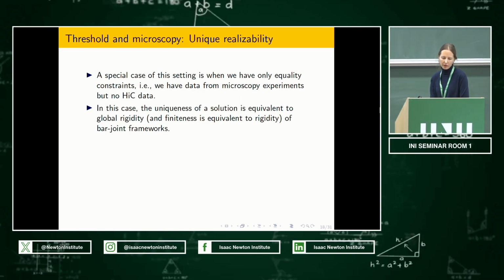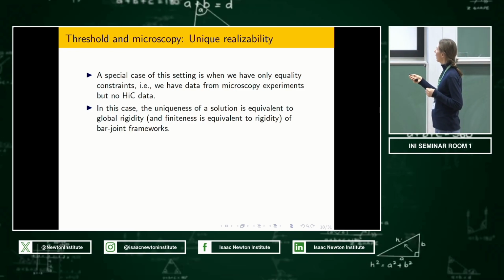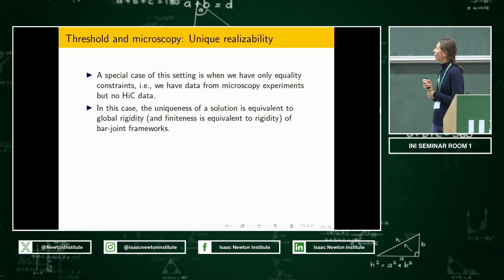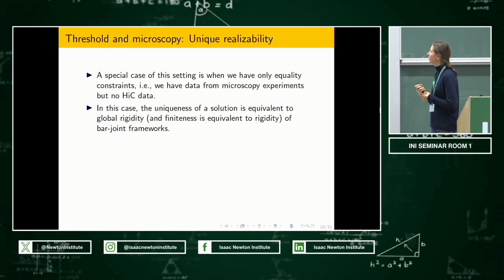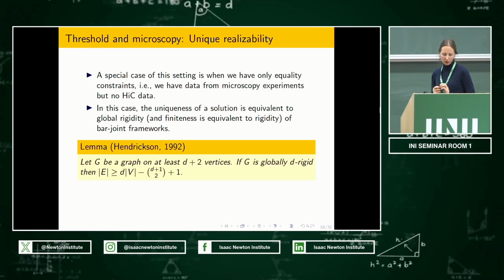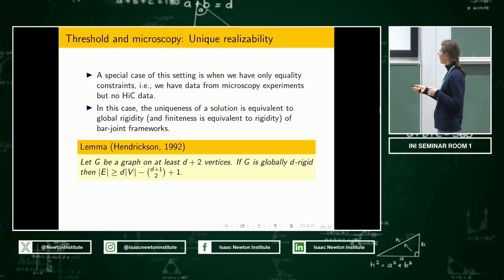Right, so this I already said, special cases when we have only equality constraints. So when we don't have inequalities at all, so when we don't have the Hi-C data, but we have, let's say, data from microscopy experiments. And in this case, the uniqueness of a solution is equivalent to global rigidity. And so one of the results about global rigidity of graphs, again from 1992, is from Hendrickson.